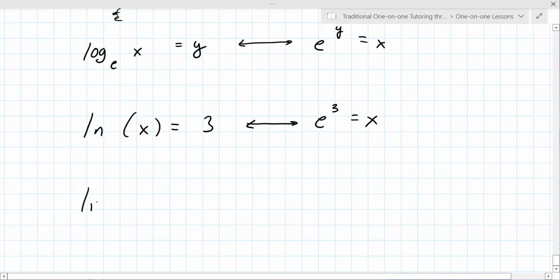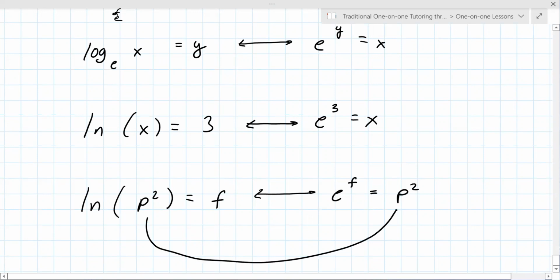Now it could be a little more exotic, like the natural log of p squared equals f. So e to the f equals p squared. So the thing inside parentheses could be more complicated than just a single letter or number.